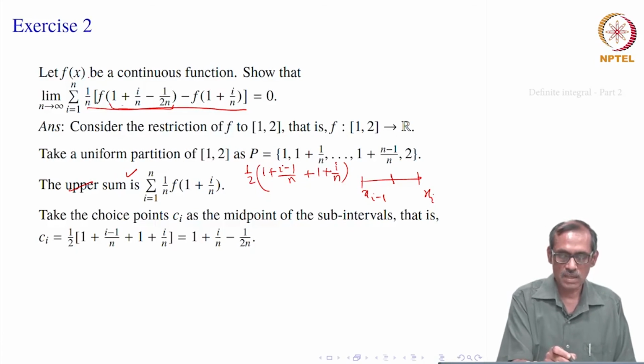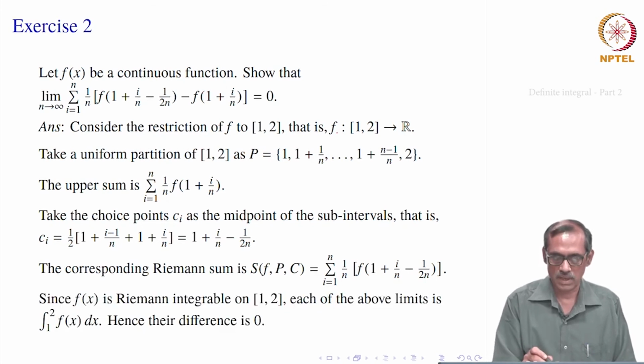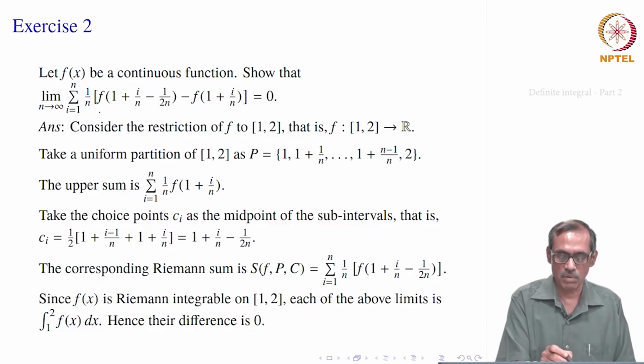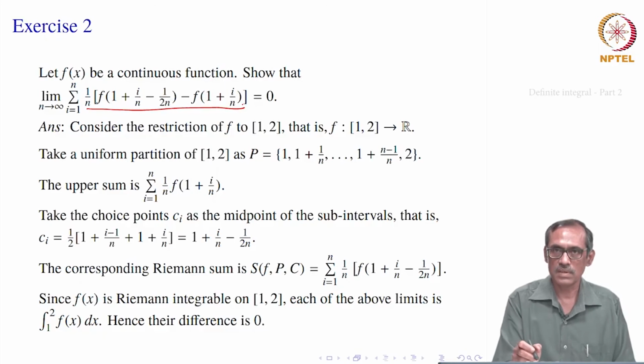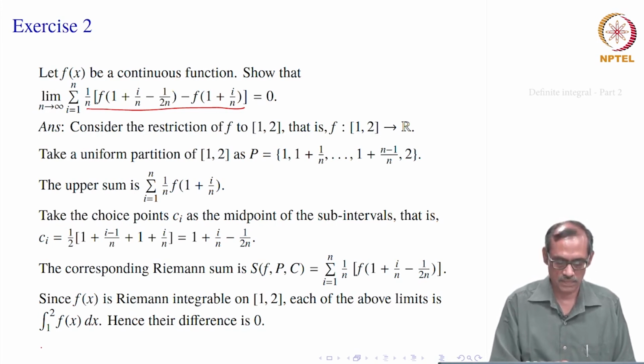Now, you see this is a continuous function on the closed interval 1 to 2, so it is integrable. Once it is integrable, you choose any two Riemann sums for the same function over that interval, and their difference should go to 0 as the norm of the partition goes to 0. Fine. So, that is what we are doing.